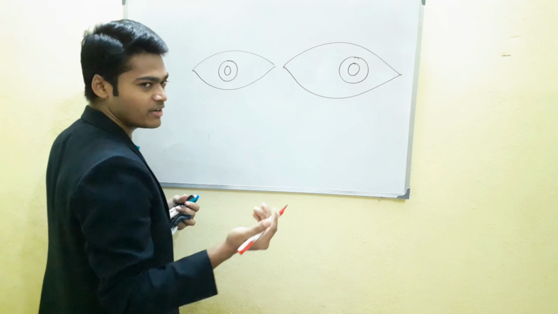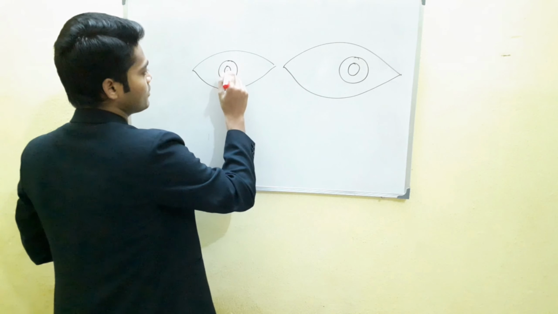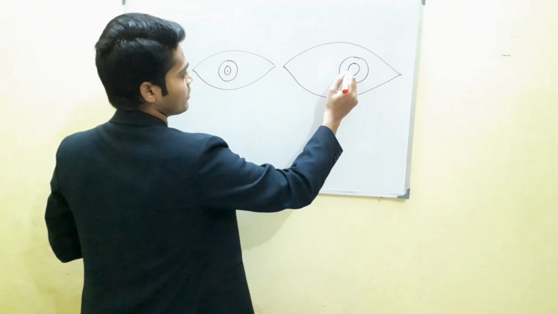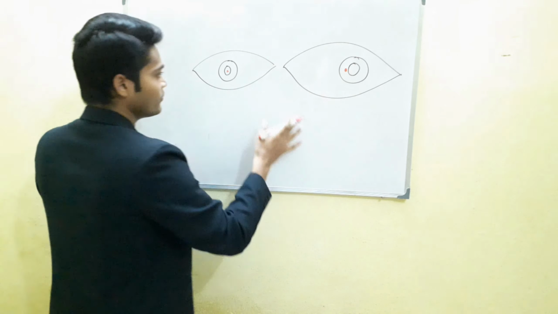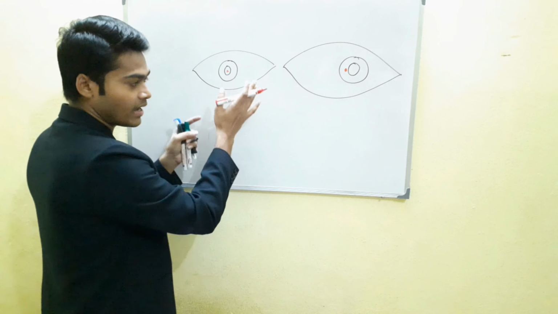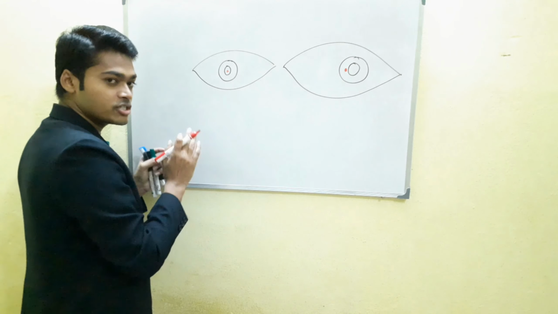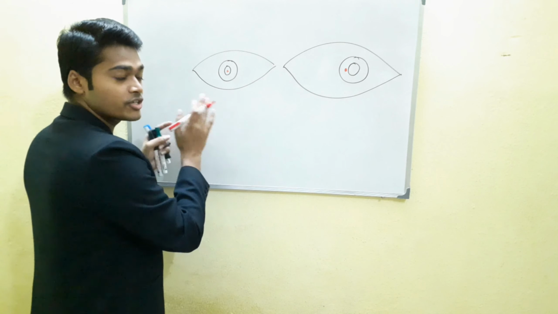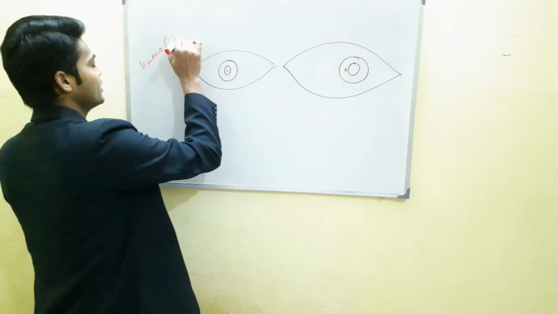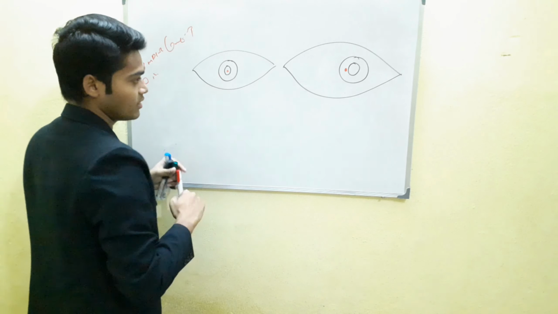Just use the pen torch we normally use and project the light onto the patient's eye, right? And when we project the light on the patient's fixating eye, we simply cover. Under the cover test, in the direct cover test, we simply cover this eye, right?